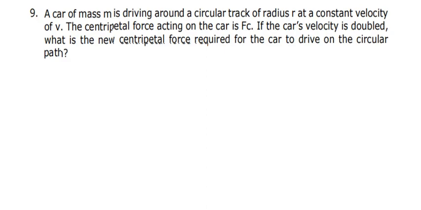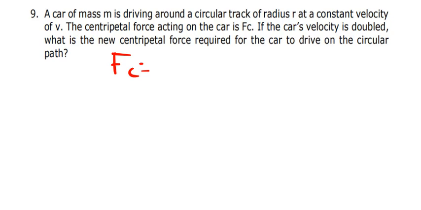So what did we say? Mind you, we said centripetal force just pulls objects towards the center. We said the centripetal force is equal to mv squared over r. If this is what we have, and the car's velocity is doubled, so we're doubling the velocity.